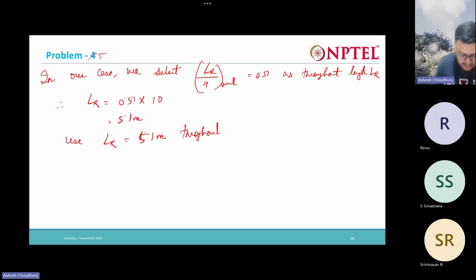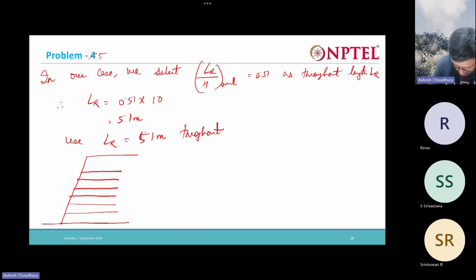So 11 layers, whatever you will be providing, this is the slope, say, right? I am not able to draw.